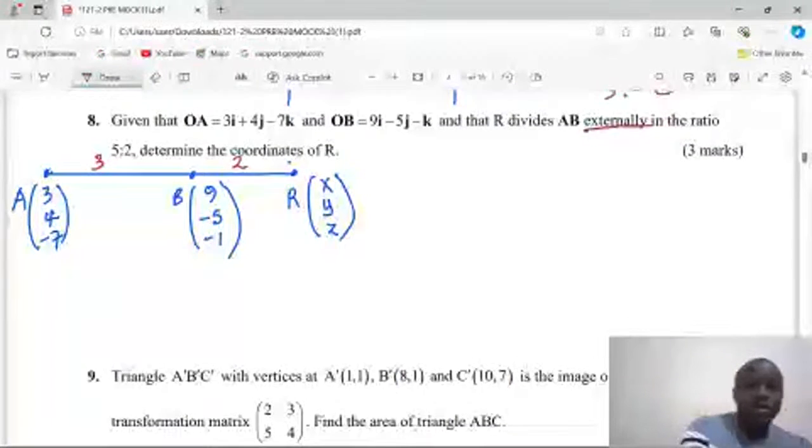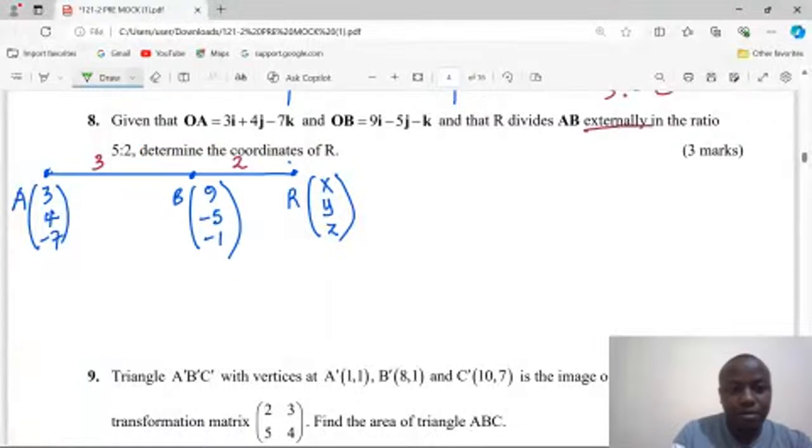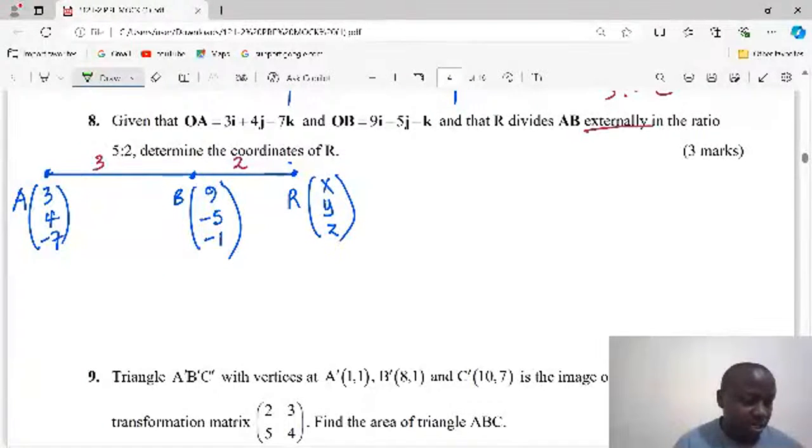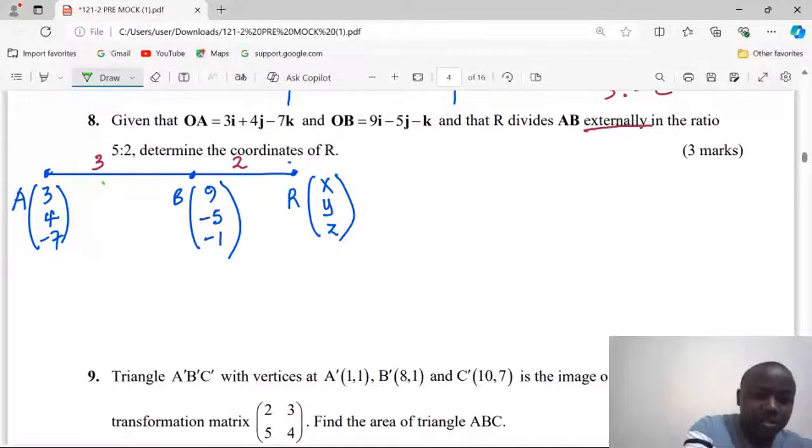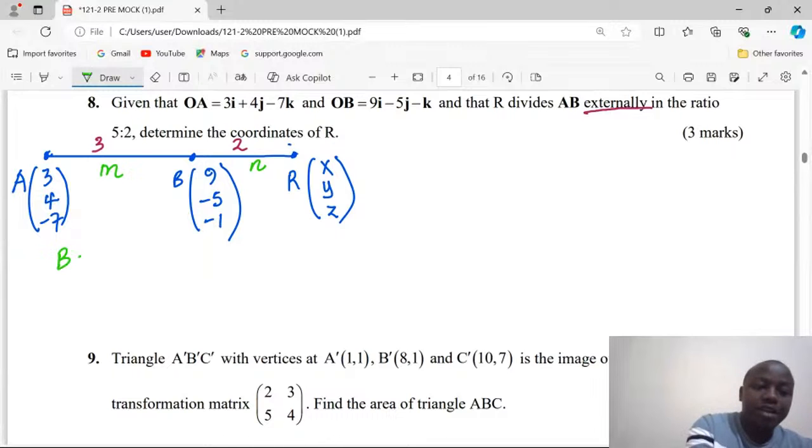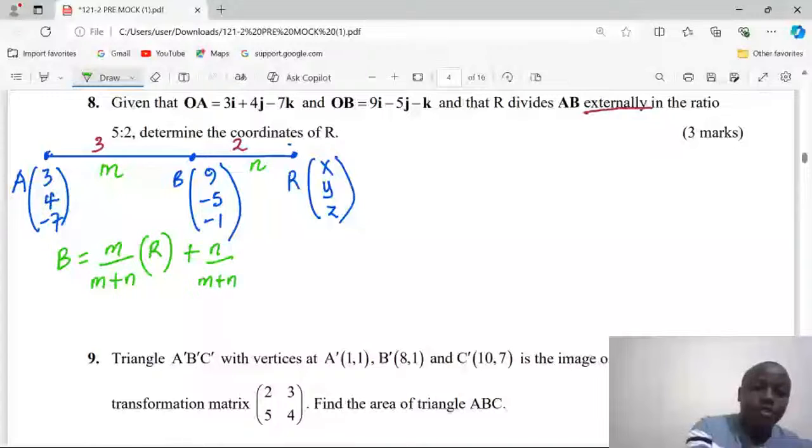Now, allow me to state something about the ratio theorem, which is used to calculate unknown coordinates when given some vectors. We should know that in case this ratio is m, then this ratio is n. Then we know that the coordinates of B are given by, when we take ratio m and we divide by total proportions, m plus n. Then because we have picked m, we multiply with vector r, we add n, divided by total proportions.